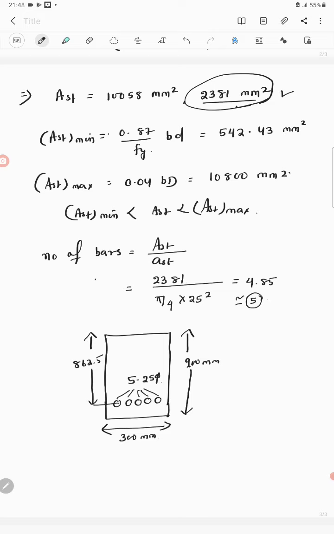So this is the cross section of the beam. Okay. So to resist flexure, we have to provide 5 numbers of 25 mm dia bars. This is the cross sectional view. So you have to provide 5 numbers of 25 mm dia bars along the length of the member. Okay.